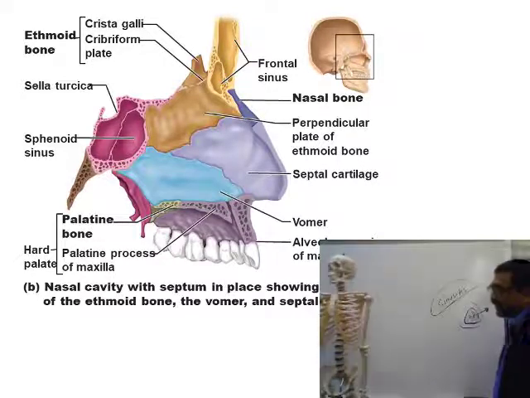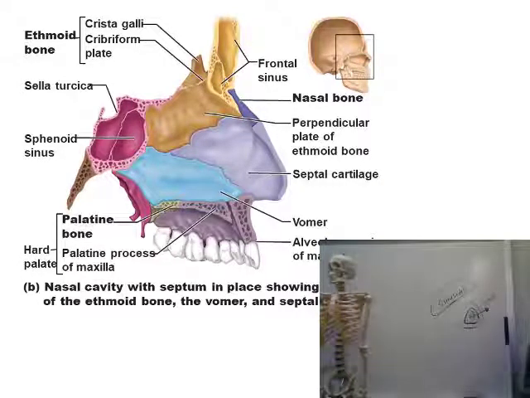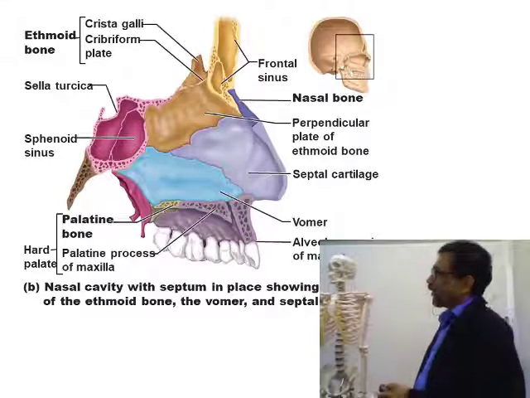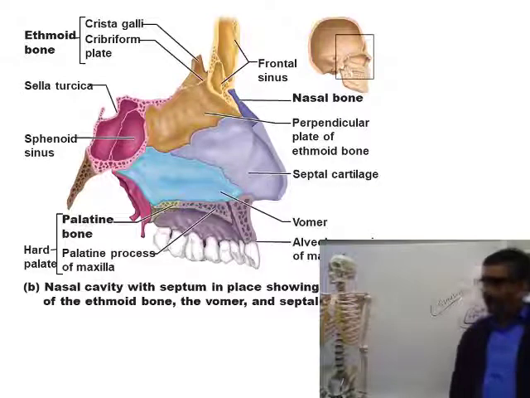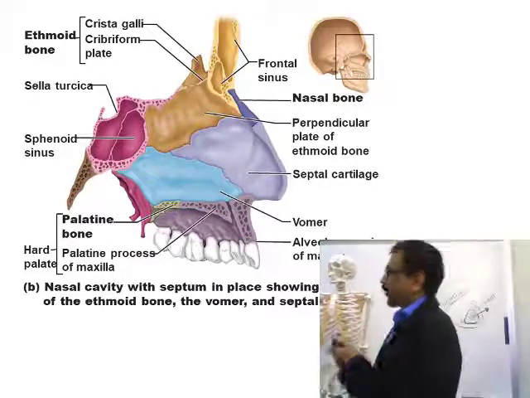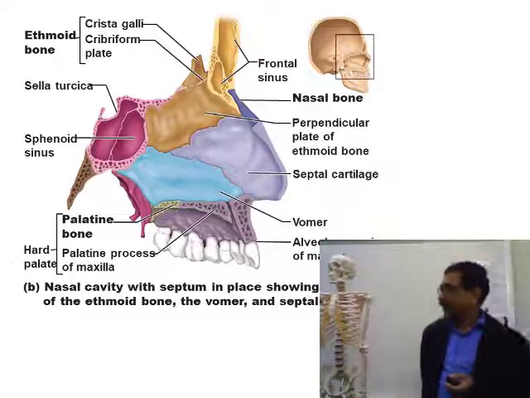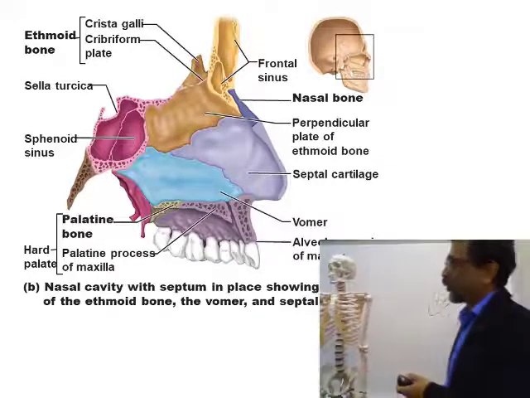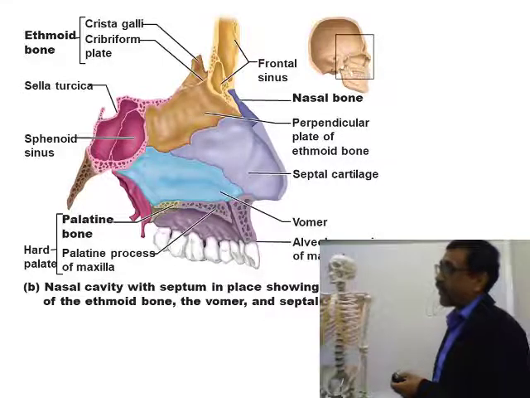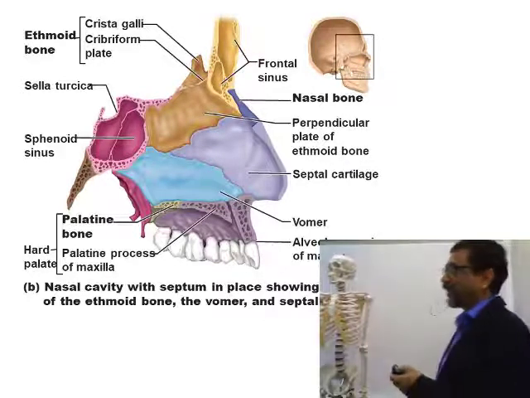So that's why you see here vomer forms the lower part of nasal septum. This is the nasal septum. Now you can see the yellow part is the perpendicular plate of ethmoid, and the blue part is the vomer. Those two are the bones, right? So they join together to form the hard part or bony part of nasal septum.